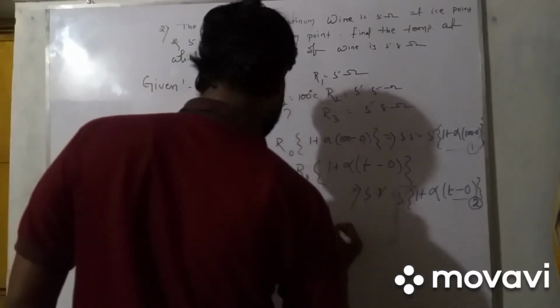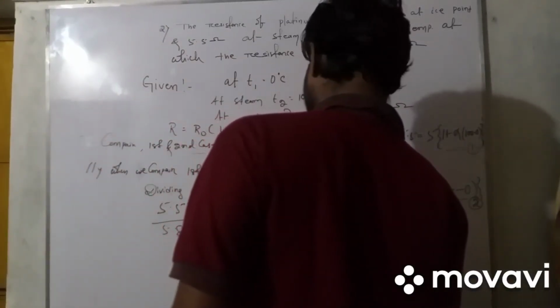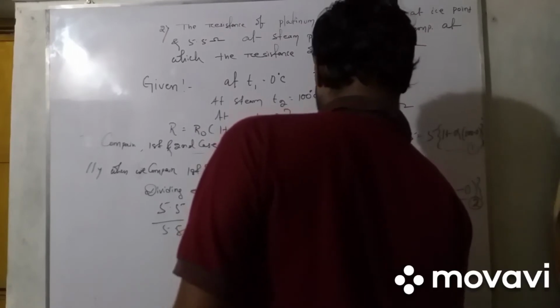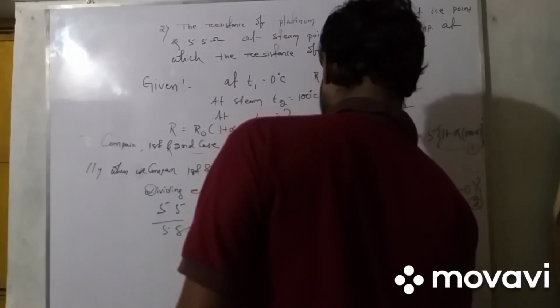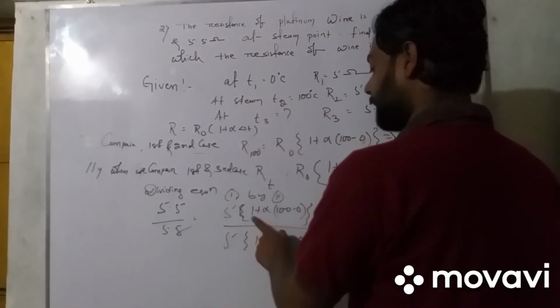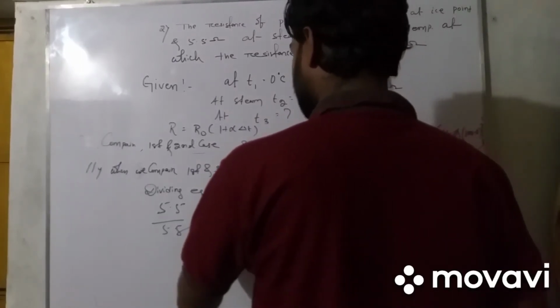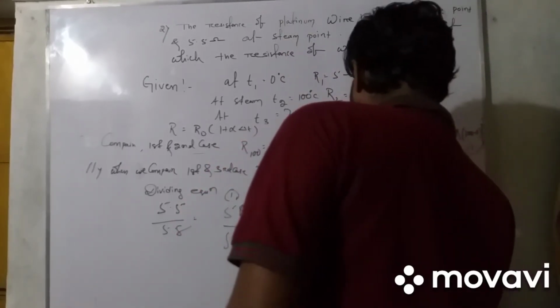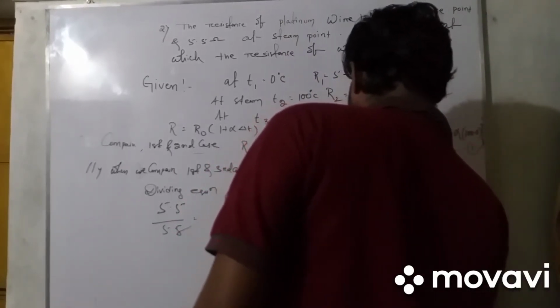So we can write 5.5 minus 5, that multiplied with 5, so we can eliminate from right side to left side. So 5.5 minus 5, like 5.8 minus 5.